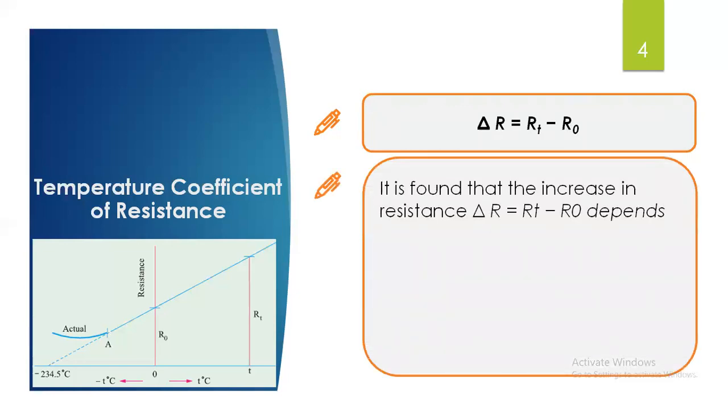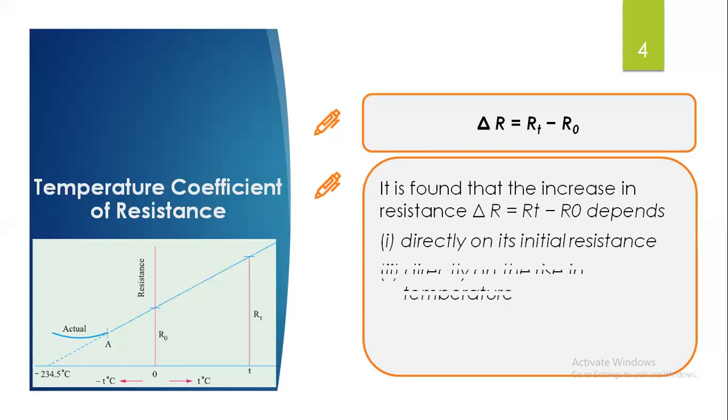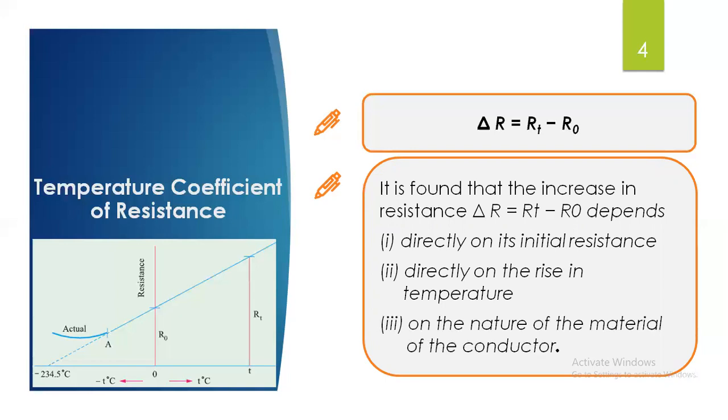It is found that the increase in resistance, delta R, equal to RT minus R0, depends on the following factors: directly on its initial resistance, second on the rise in temperature, and on the nature of the material of the conductor.